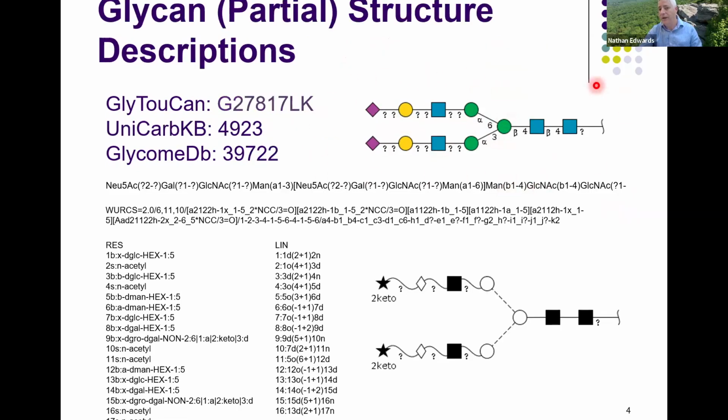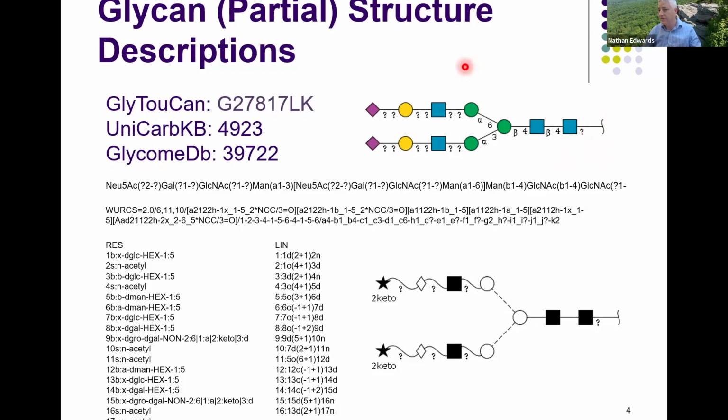This second glycan structure I'm showing here has a whole bunch of question marks in various places for the anomeric configuration on these 2 antennae and for the carbon bond linkages. In some sense, this is an accurate description. Oh, and it also leaves out the anomeric configuration at the reducing end.